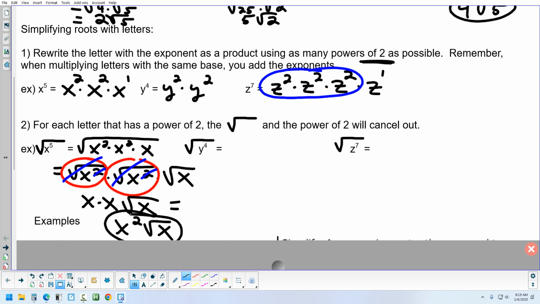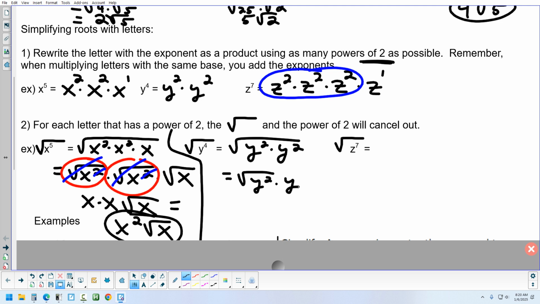All right, let's try the next one. Y to the fourth. First step is to break it up, just like we did up top: y squared times y squared. Now take the square root of each one separately. Square root of y squared, square root of y squared. What's going to happen everywhere that we have a square root and a power of 2?